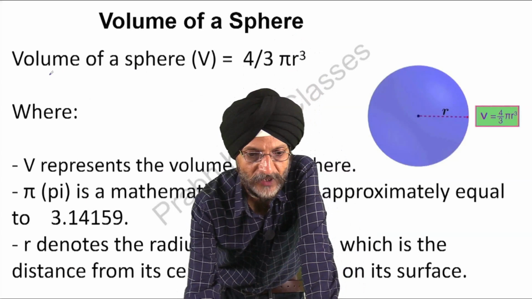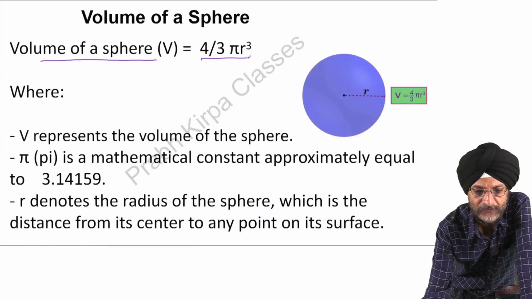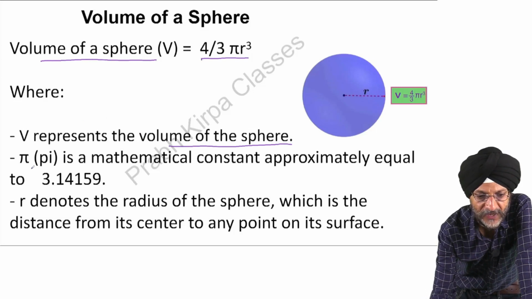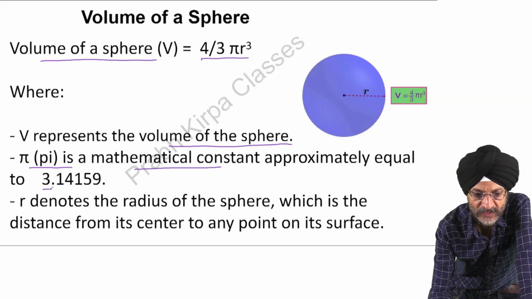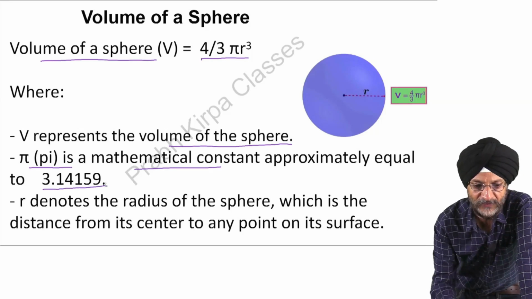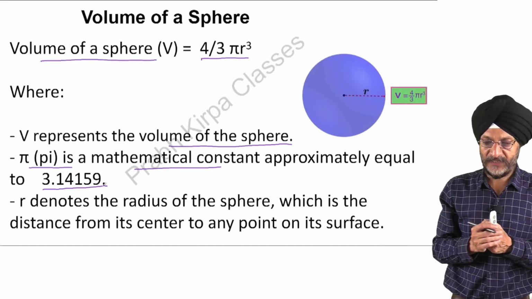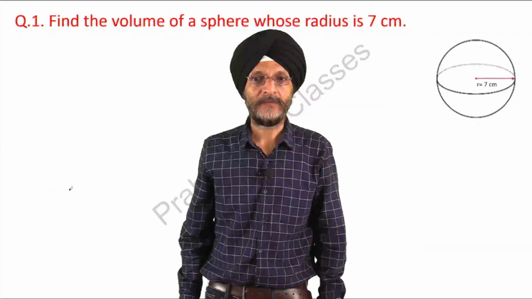The formula for calculation of volume of a sphere is 4/3 pi r cube, where V represents the volume of the sphere, pi is a mathematical constant approximately equal to 3.14159, and r stands for the radius of the sphere. We have been given this formula.